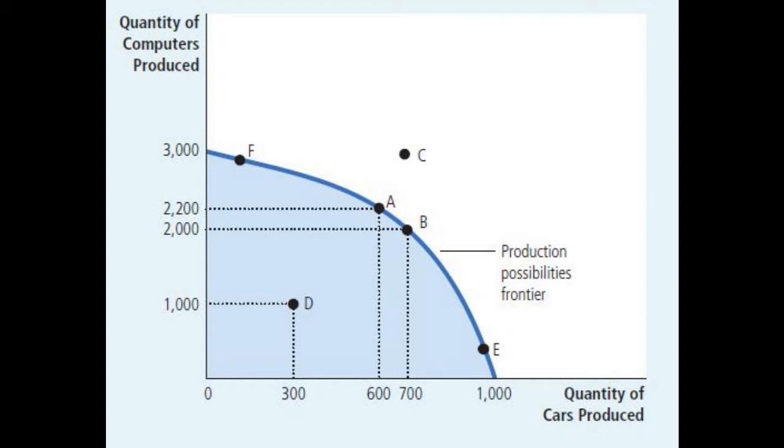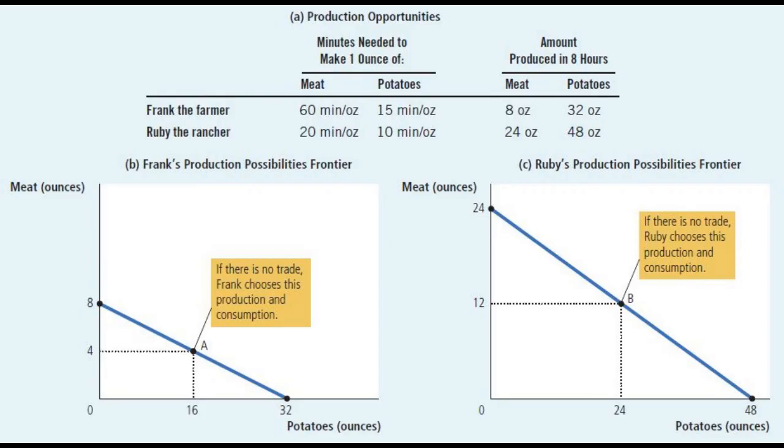Okay, and let's roll along here and discuss a very important idea to economics: absolute advantage and comparative advantage. Absolute advantage is the ability to make more of something than your competitors, than other producers.